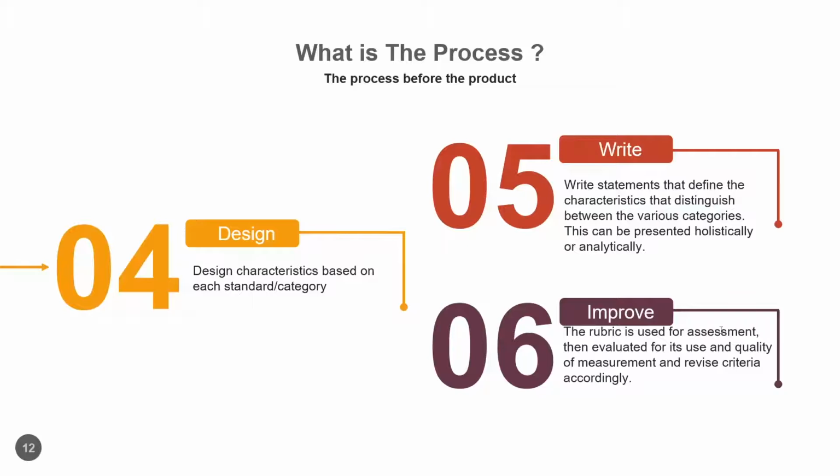Tapi kalau you nak buat holistic, all you need to do is just to identify berapa markah yang you nak bagi, katalah 0 until 4 tadi. So 0 means dia tak buat apa, 1 dia buat apa dan dia tak buat apa, 2 again buat apa tak buat apa, 3 no, sorry, delete.